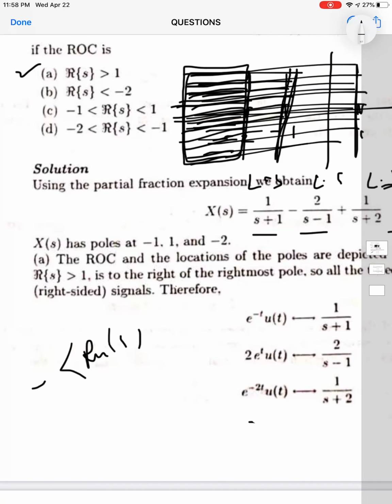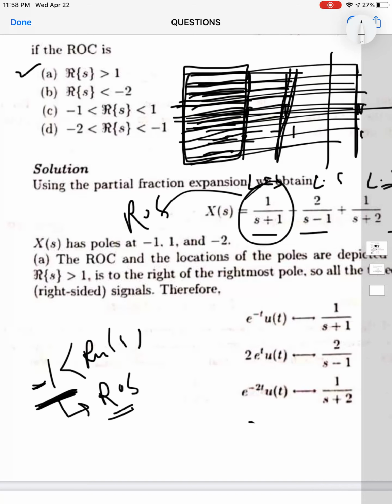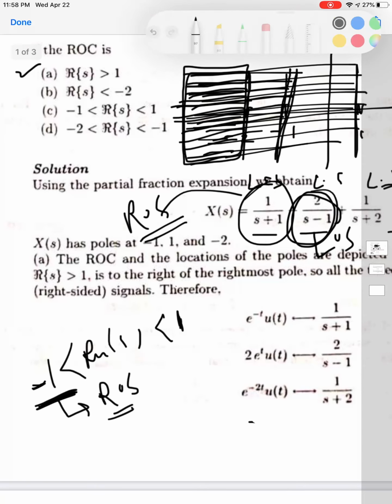You see that real part of s is greater than minus 1. So the term with respect to this pole, minus 1, will be a right sided sequence. And real part of s less than 1 means the sequence with respect to this term will be left sided.